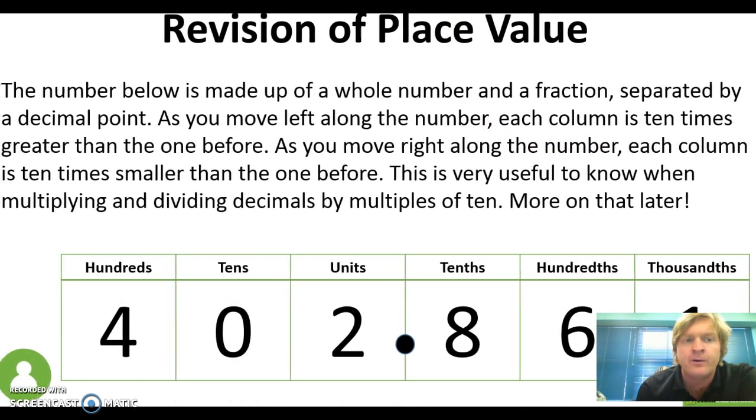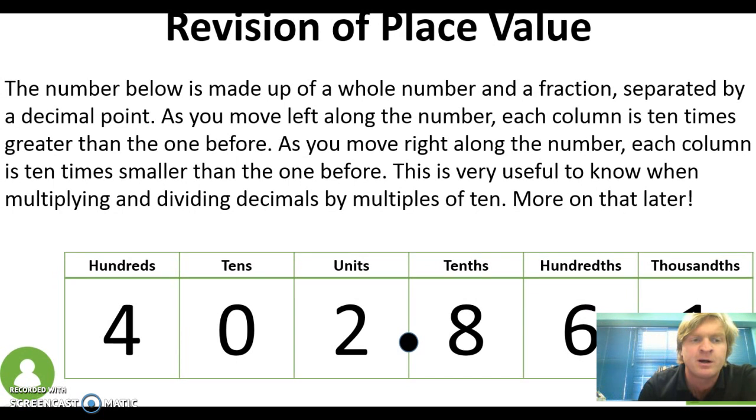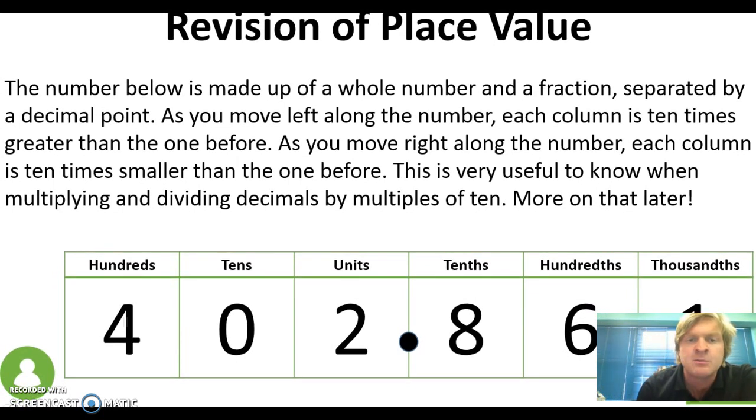The number below is made up of a whole number and a fraction separated by a decimal point. As you move left along the number, each column is 10 times greater than the one before. As you move right along the number, each column is 10 times smaller than the one before. This is very useful to know when we're multiplying and dividing decimals, which we're going to do later in the week.